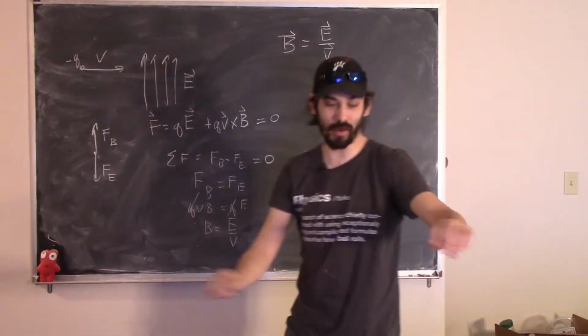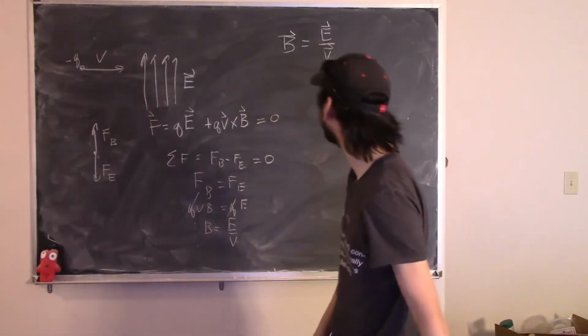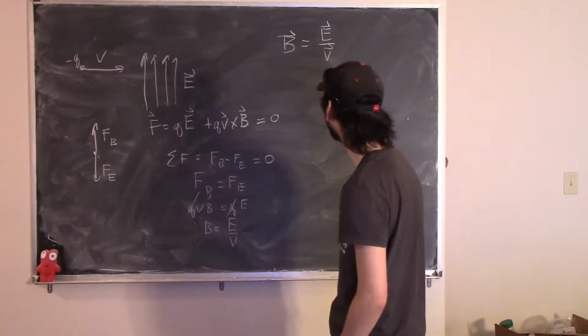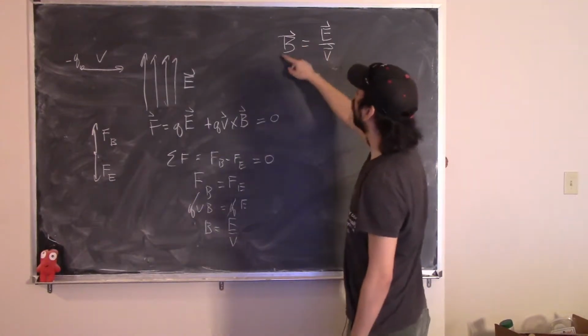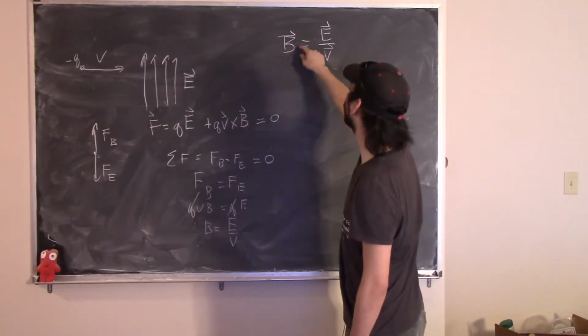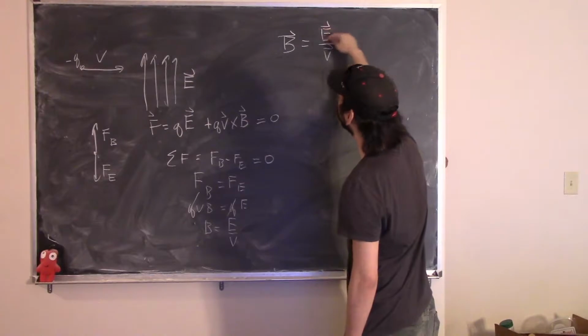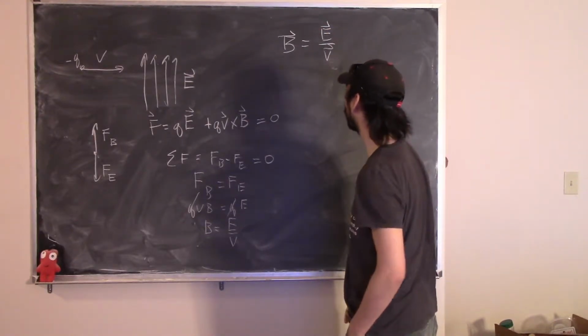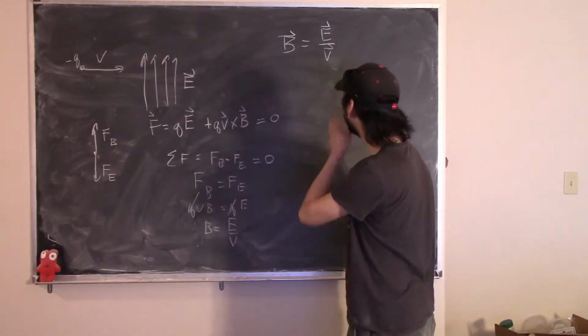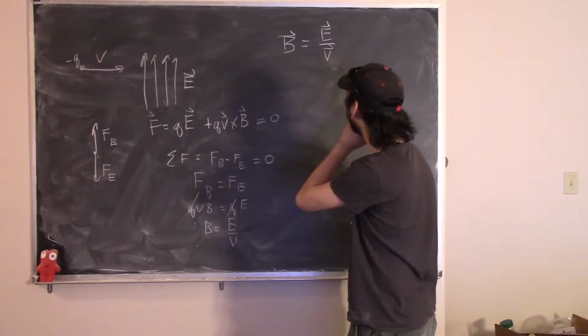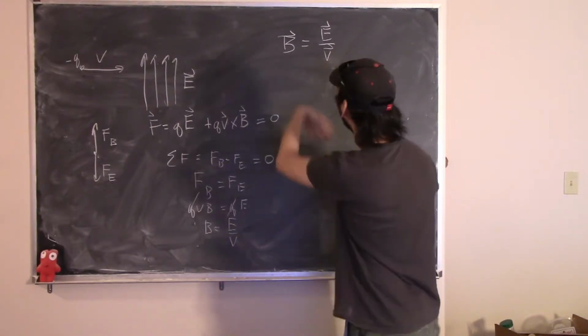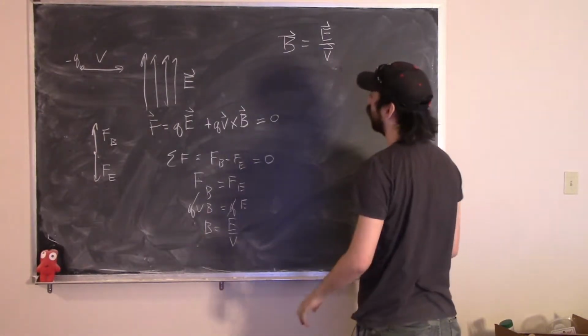You don't know any better. You had teachers that said things like this are okay. But what I'm saying here is that vector B is equal to the ratio of the vector E divided by the vector V. And if you're okay with this, then I would go a step further and ask, what happens if I write this in components?